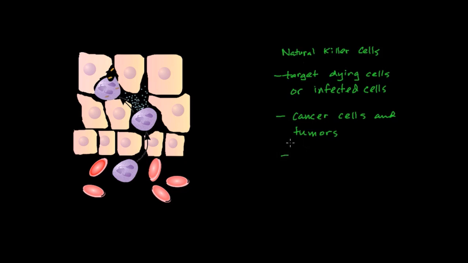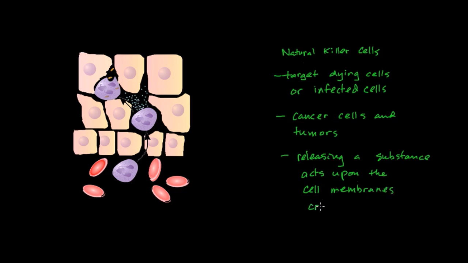Now, the way a natural killer cell kills is by releasing a substance that acts upon the cell membranes of a dying or infected cell, creating a pore in that cell membrane. And once that pore is created, water rushes in and the cell bursts.